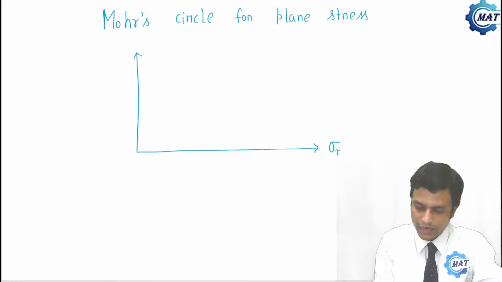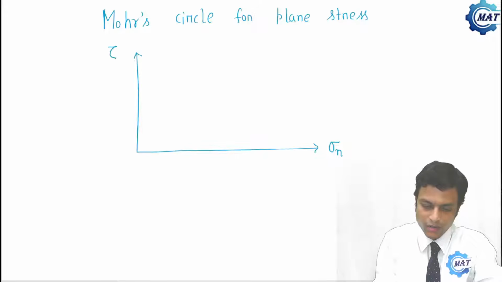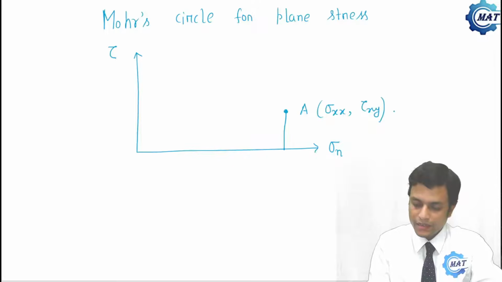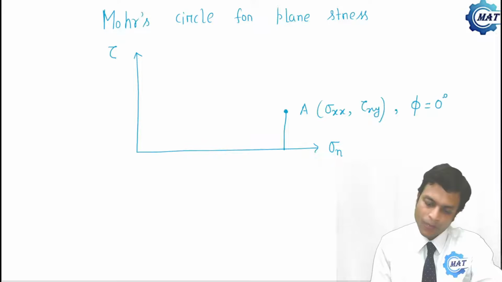Abscissa is sigma n, and ordinate is tau. Now plot point A, whose coordinate is sigma xx comma tau xy. That is, point A represents the state of stress at phi equal to 0 degree.